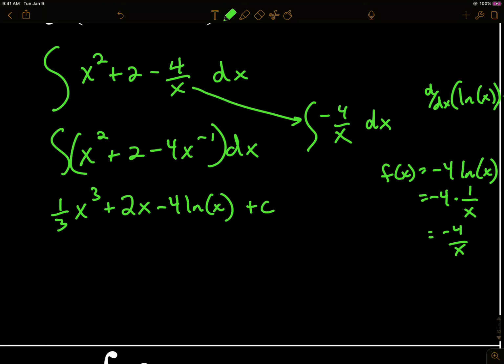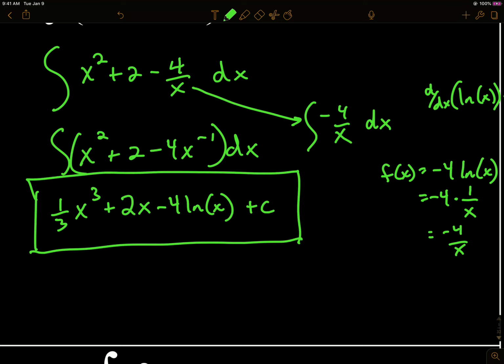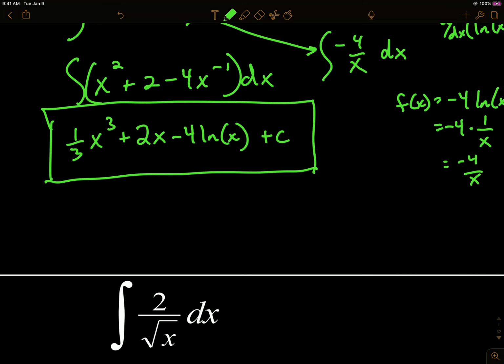Then we have plus c for that unknown constant of integration. So I'm showing you power rule essentially for integration, but there are some tricks we come across, and this is the first problem. What if it's divided by x? That's because it's not power rule at all. It's a natural log function. So we need to make a little rule that we can remember for that. Anytime we're trying to integrate a constant over x, the integral of that is going to be the constant times the ln of x plus c.